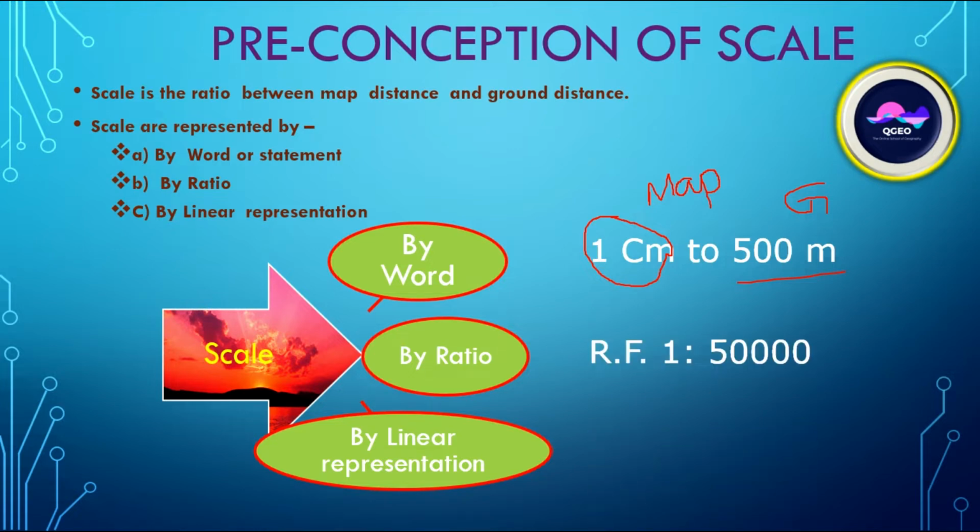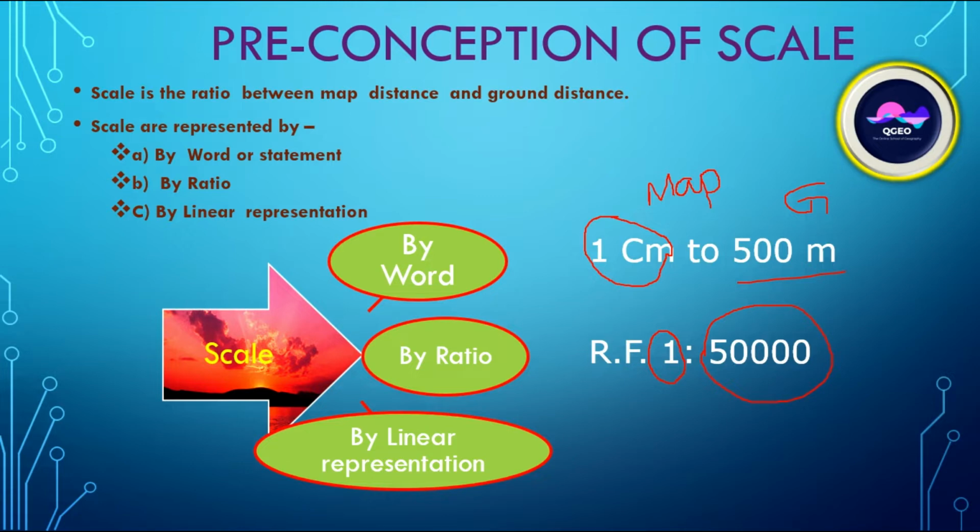here RF is 1 is to 50,000. RF stands for representative fraction. Here 1 is the numerator and this is the denominator.